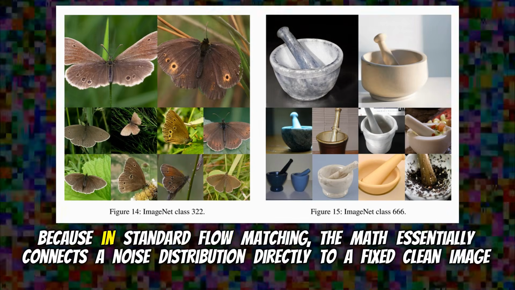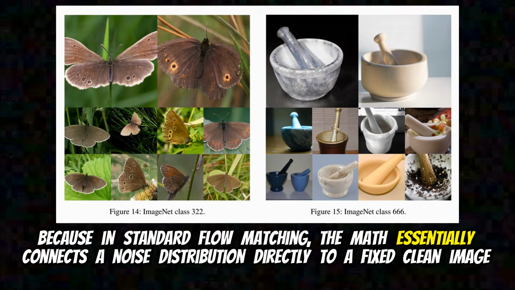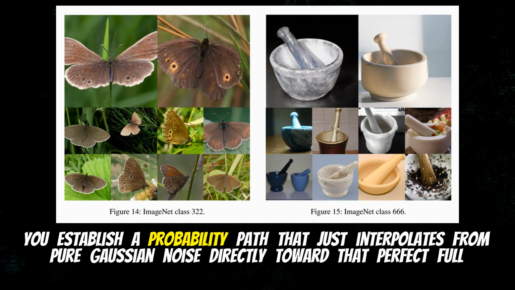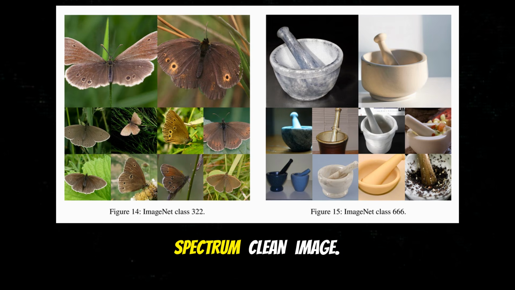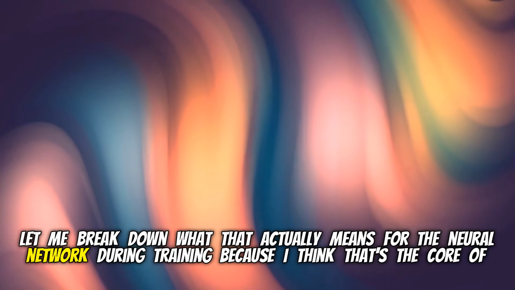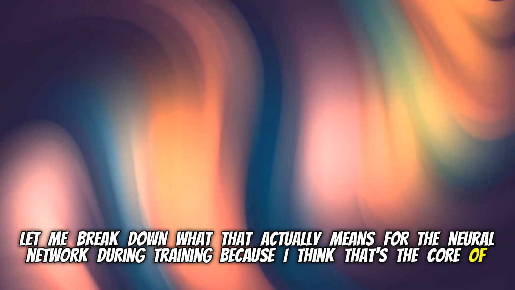Oh, for sure. Because in standard flow matching, the math essentially connects a noise distribution directly to a fixed clean image endpoint. You establish a flow path that just interpolates from pure Gaussian noise directly toward that perfect full-spectrum clean image. Let me break down what that actually means for the neural network during training, because I think that's the core of the problem here.